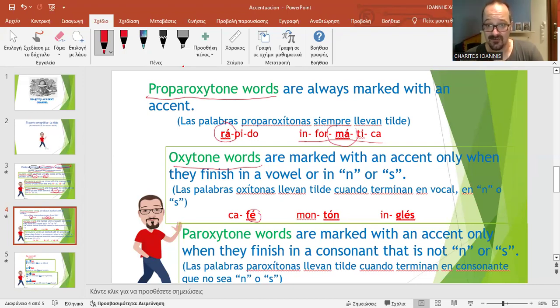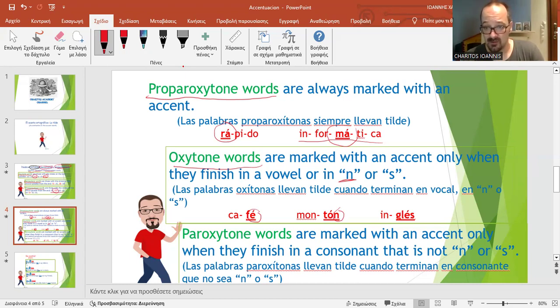Or when they finish in N, like montón, that is a pile of things, montón. It's an oxytone word, it finishes in N, so I must write the accent mark.